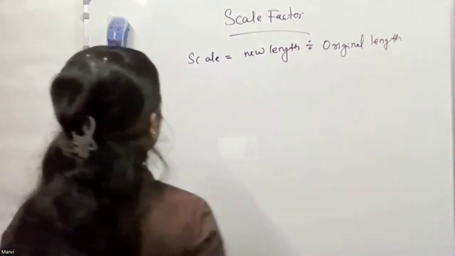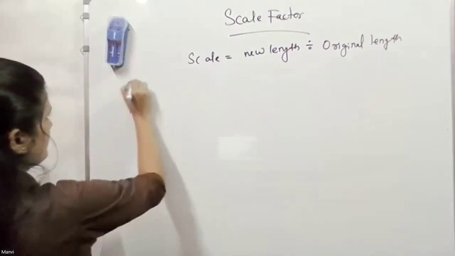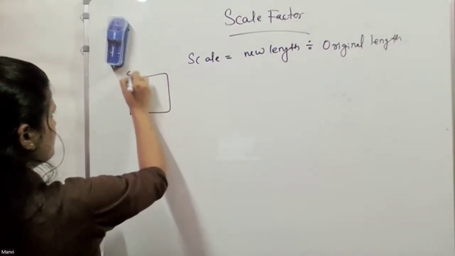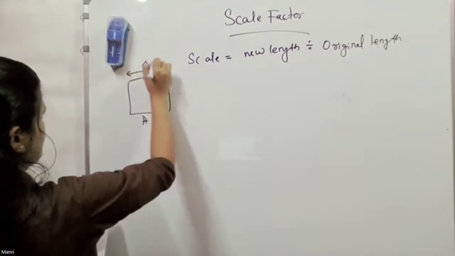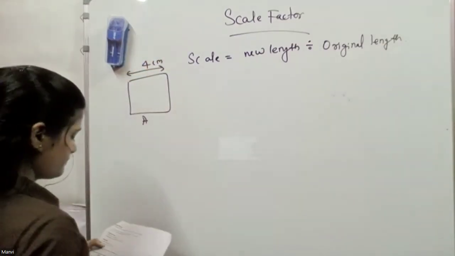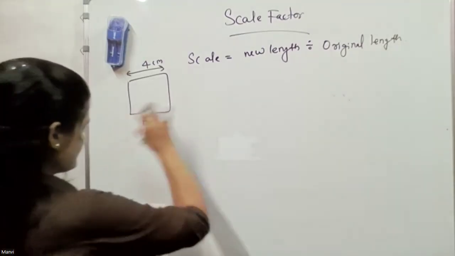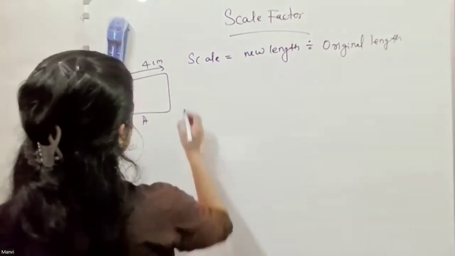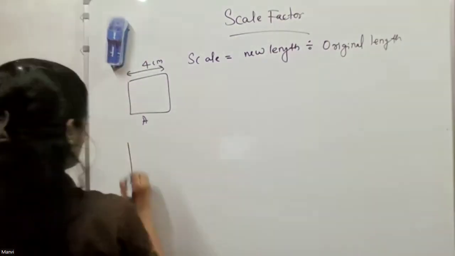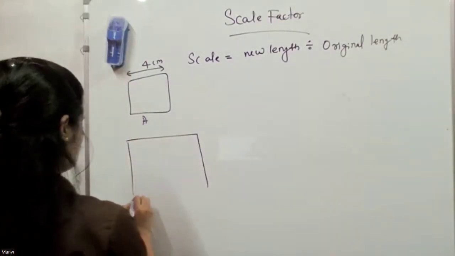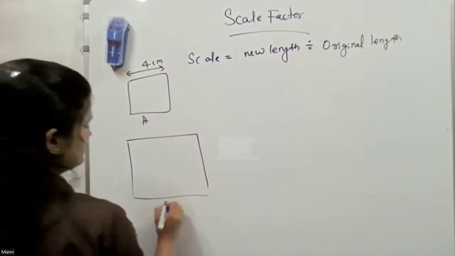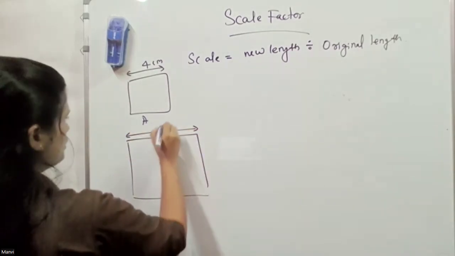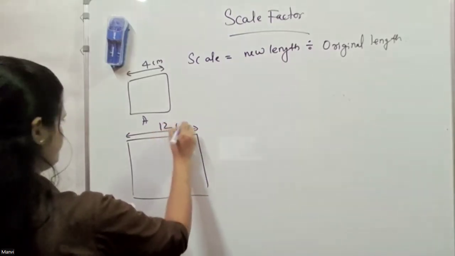For example, the side of this shape A is 4 centimeter. The matching shape, shape B, the side is 3 centimeter. Now we can enlarge that. This is shape B and the side length is 12 centimeter.